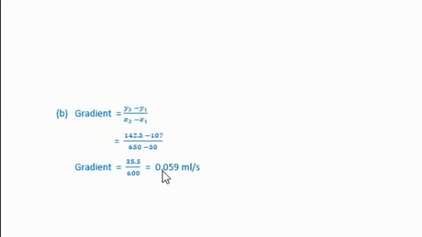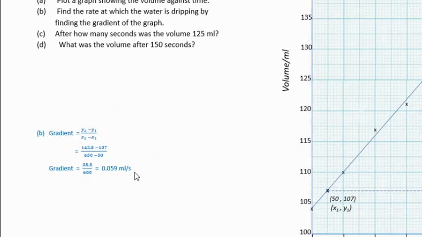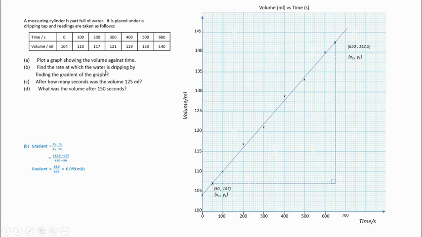So the gradient here is 0.059 milliliters per second, and that is the rate at which the water is dripping, because it is telling you that for every 1 second change in time, the volume changed by 0.059 milliliters.